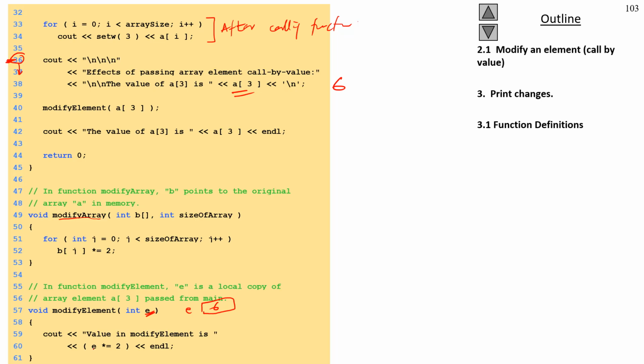If you change e, you're not changing a of 3. So even if you do e equal to e into 2, the cout in the function will output 12, but if you cout again what is a of 3, this is again going to give you 6. So here in the function you get 12, but before the function it was 6, and after the function it was 6.